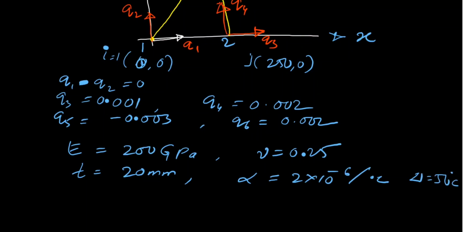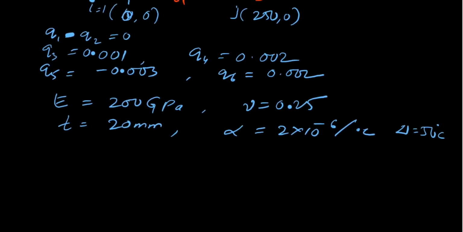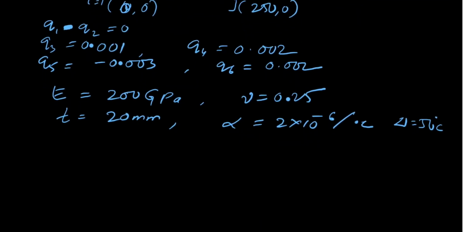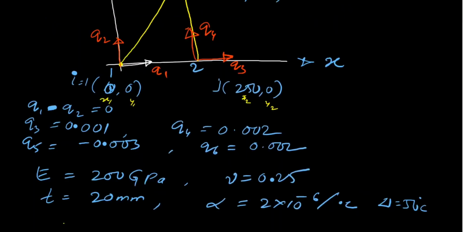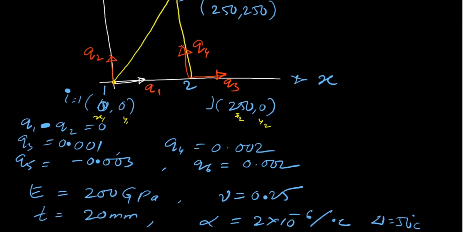Now for the plane stress condition, here x1 y1, the coordinates which you already know, this is x1, this is y1, this is x2, this is y2, and the third one will be x3 y3. These are the coordinates.